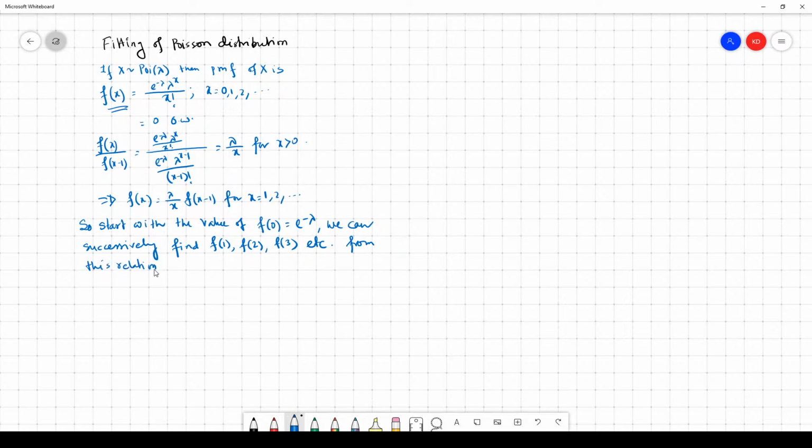This relation is known as the recursion relation for probabilities of the Poisson distribution.